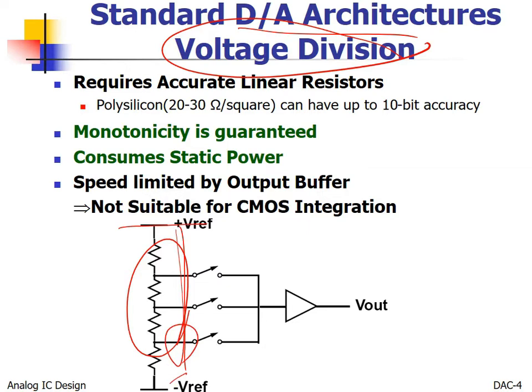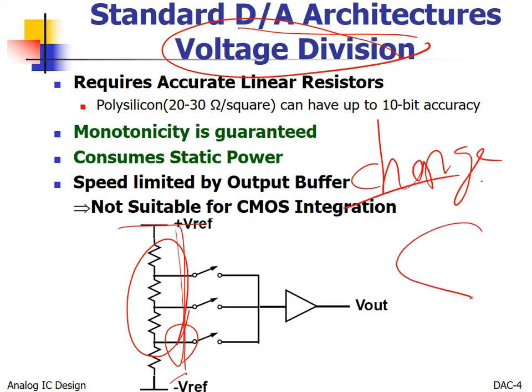And then the second, we call it charge sharing or charge redistribution. According to charge, you need the help of a capacitor. Here, voltage division, you need R. Charge sharing, you need C. And finally, current steering, you need I, current.